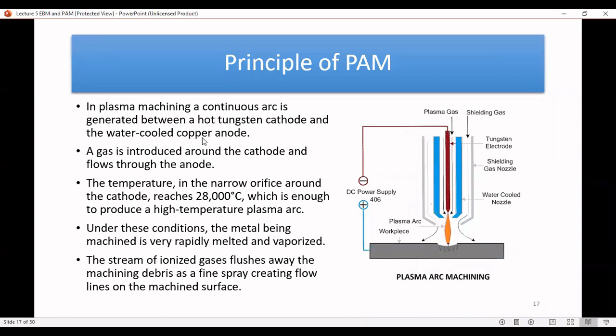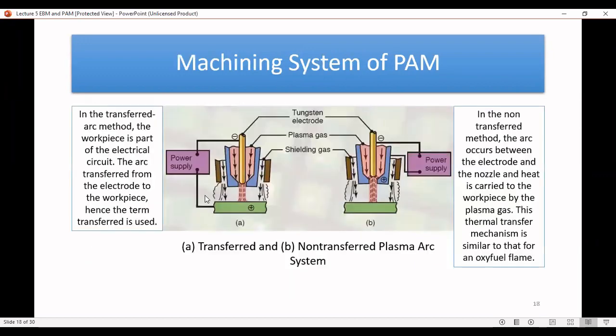And the water-cooled copper anode. So there are two methods. Over here, the anode is on the workpiece, but the anode also can be somewhere here.